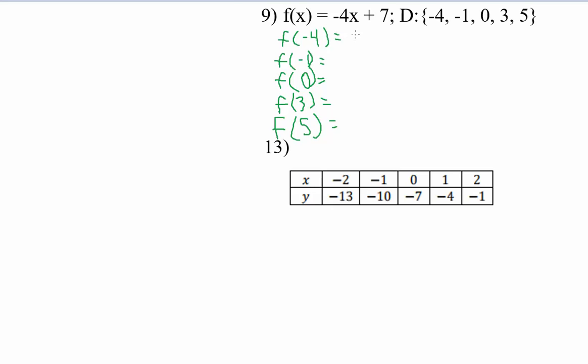So the way this works is we have -4 times whatever we're substituting in, which in this case is -4 as well, plus 7.